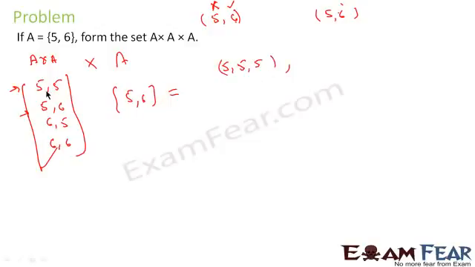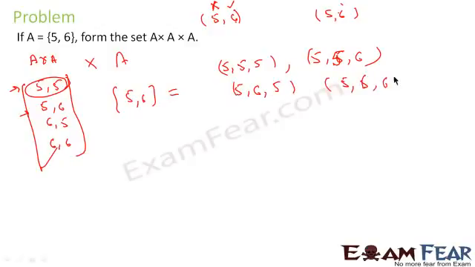Now we'll take the first element of this and the second element of this, so it is 5, 5, 6. Similarly, this element is over, so we'll take this element 5, 6 and the first element of this, 5, 6, 5. Now the second element of this, 5, 6, 6.